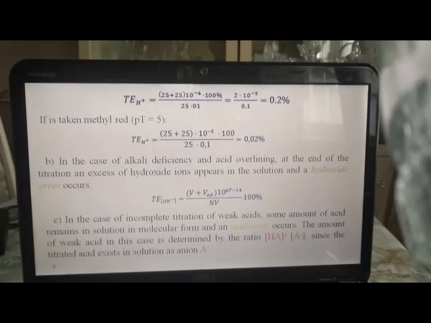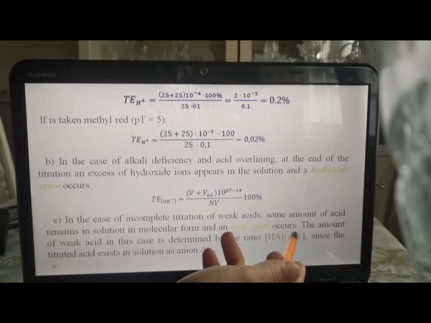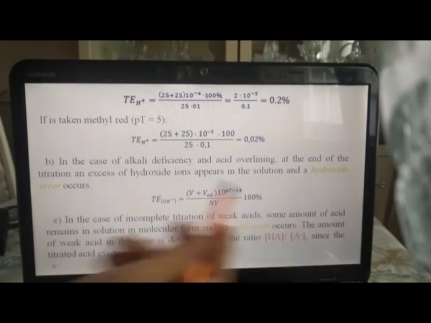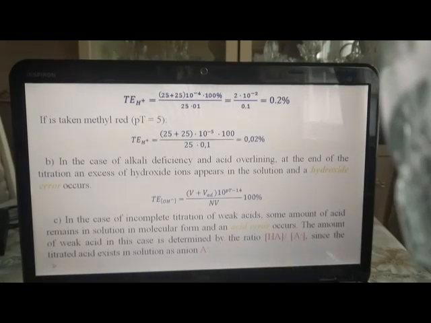In the case of incomplete titration of weak acid, some amount of acid remains in solution in molecular form and an acid error occurs. The amount of weak acid in this case is determined by the ratio of the concentration of acid to the concentration of acidic residue, since the titrated acid exists in the solution as an anion.